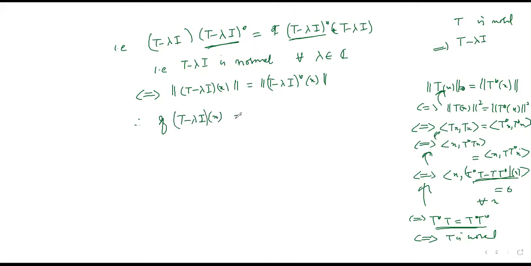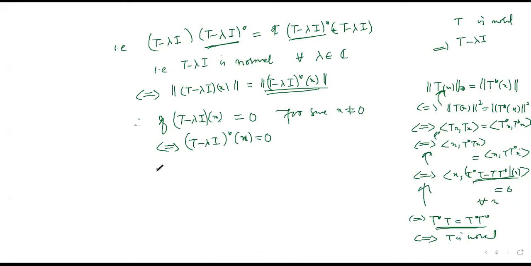Therefore, if (T minus lambda I) of x is equal to 0 for some x not equal to 0, it would be true if and only if (T minus lambda I) star of x is equal to 0. Why? Because of course if this is 0 then its norm is 0, and if the norm is 0 then the vector is 0. The norm of a vector is 0 if and only if the vector is 0.